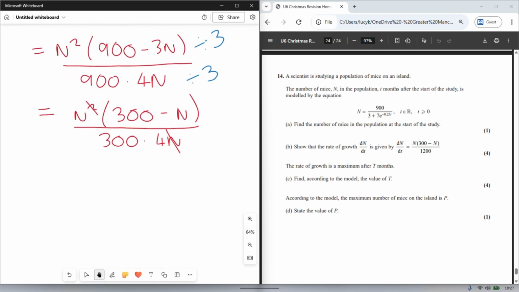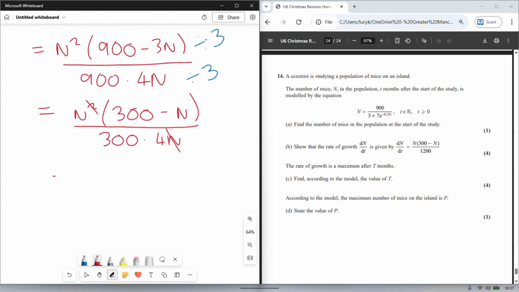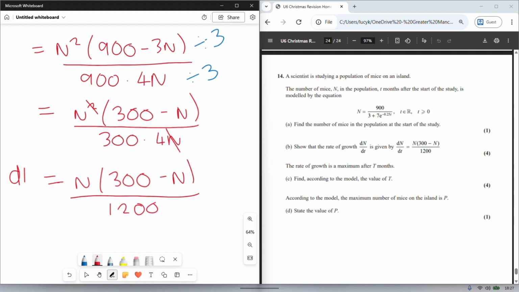So then that will give me n times 300 minus n, and then the 300 times by 4 is my 1200. So we got there eventually. And that is what we wanted.